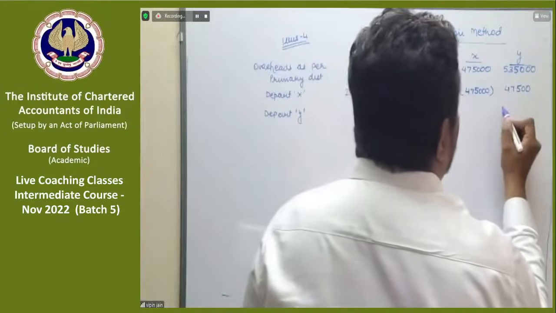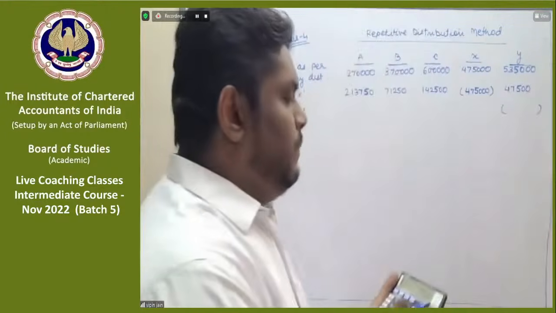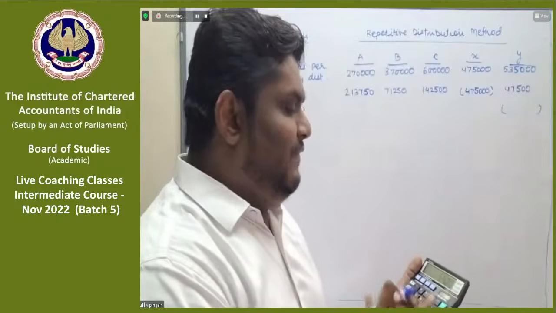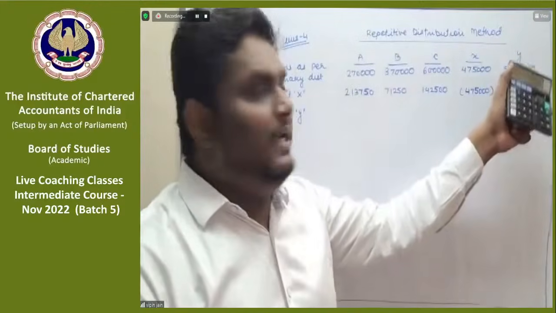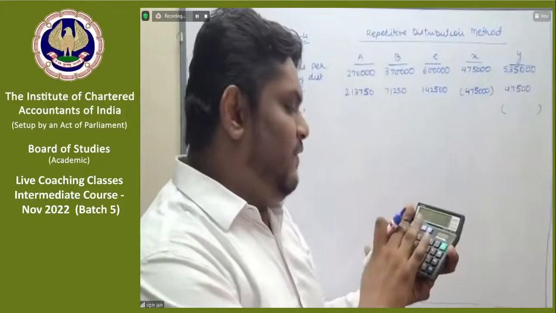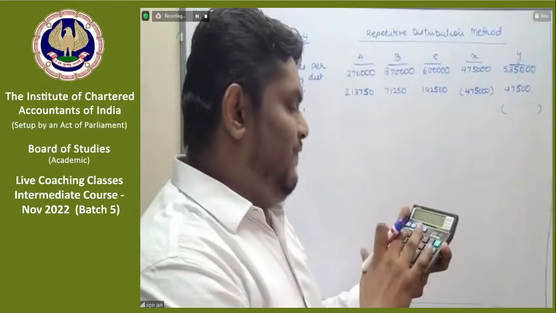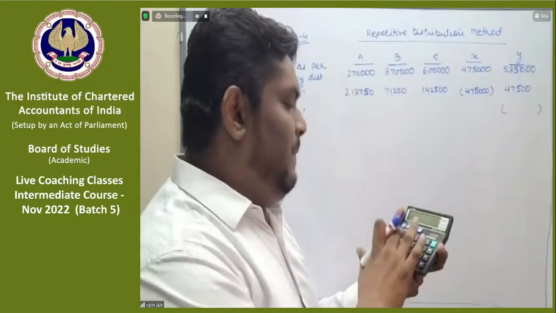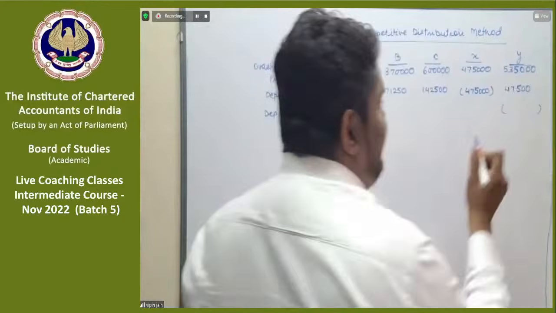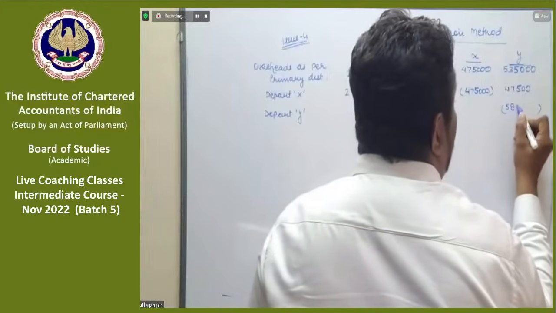So the total overheads of department Y that need to be distributed is 5,35,000. That is as calculated plus certain percentage of X. So 5,35,000 plus 47,500, that is 582,500.